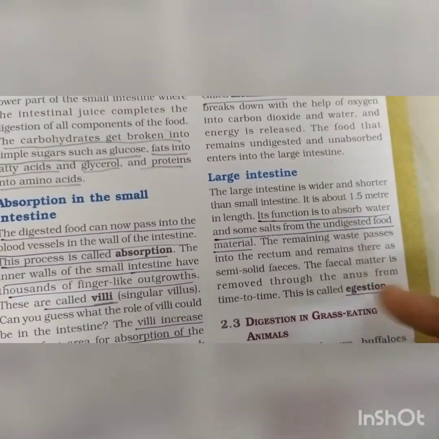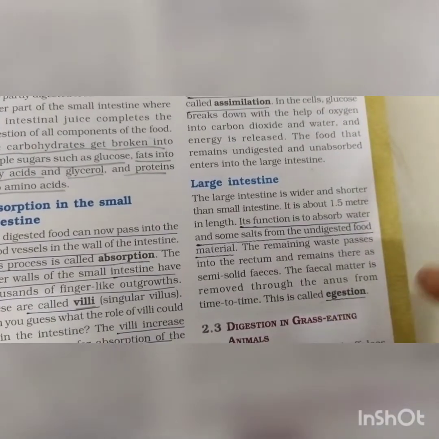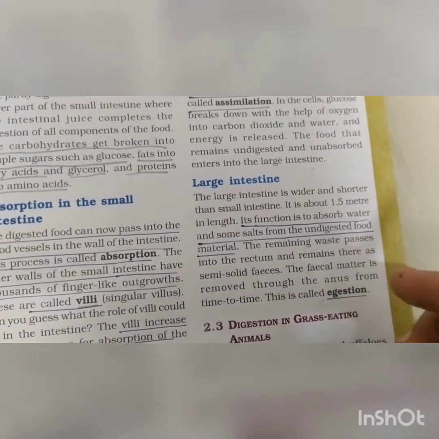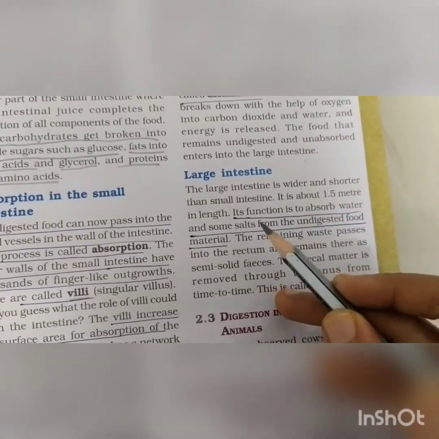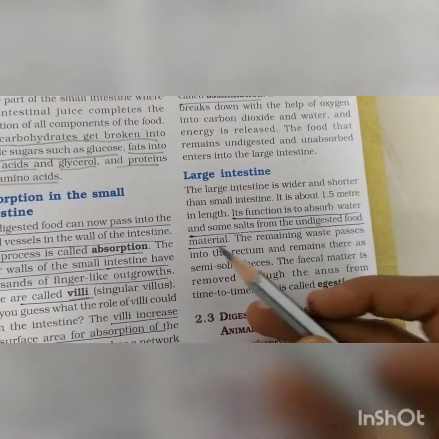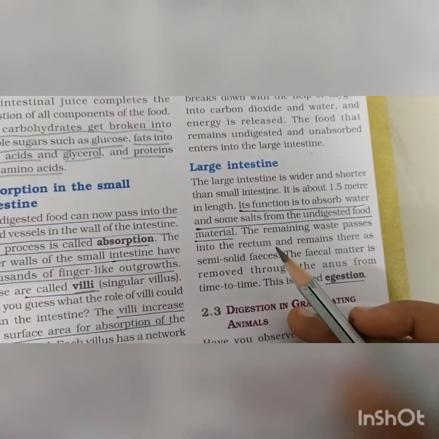The large intestine is wider and shorter than the small intestine, and the main function of the large intestine is to absorb water and some salt from the undigested food materials.